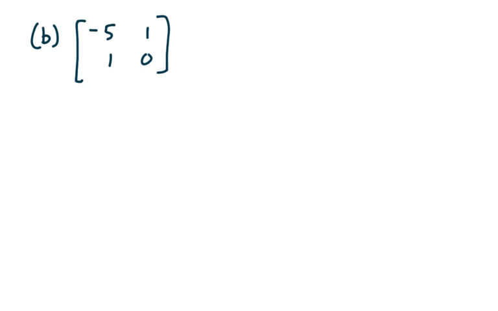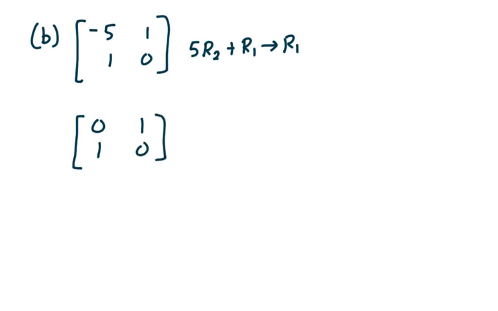So if I take 5 times row 2, add it to row 1, and then put the result back into row 1, let's check out what we get. We get 0, 1, 1, 0. Well, that's not the identity matrix. So if I take row 1 and swap it with row 2, I do get the identity matrix, right? So I get 1, 0, 0, 1.